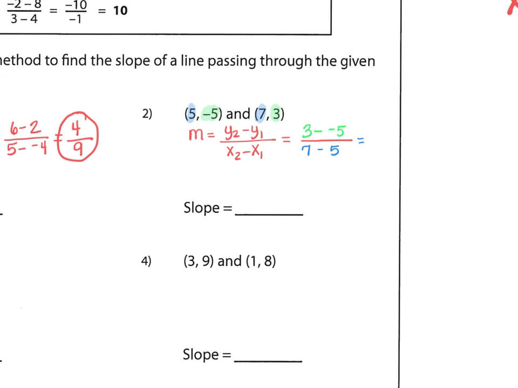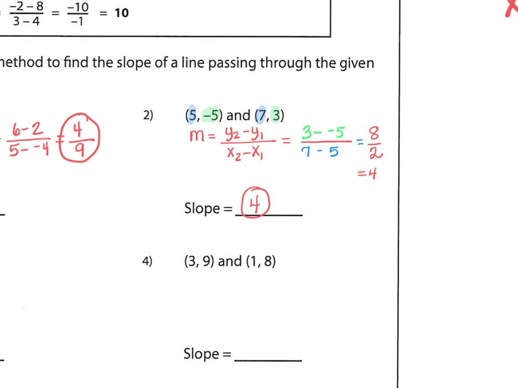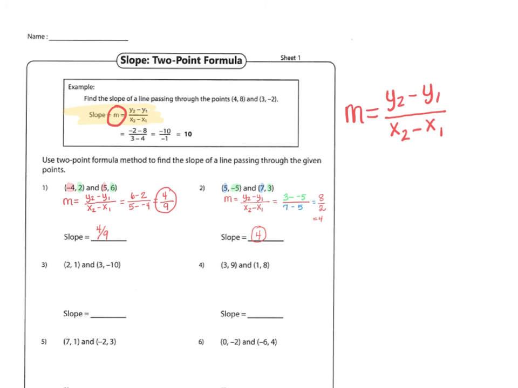On the top, 3 minus -5 is 8. On the bottom, 7 minus 5 is 2. 8 divided by 2 will simplify, and we get 4 for my slope. And that's all you have to do. So I want you to try a few.